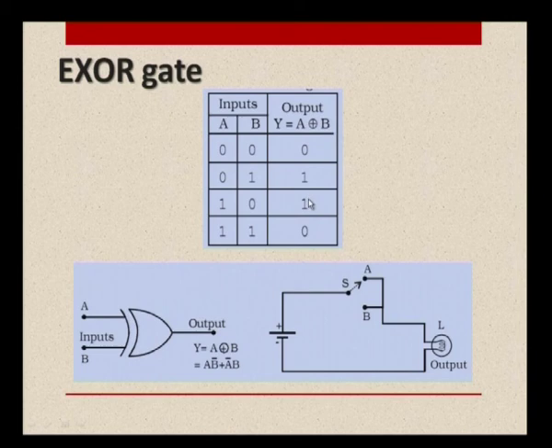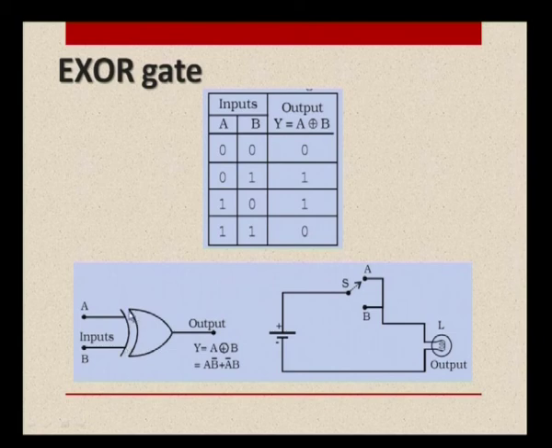The output is high only when either A or B alone is high. So, that is how the XOR is explained. So, here it is shown either A or B should be high to have an output high for the XOR gate. The circuit symbol is typically like this.